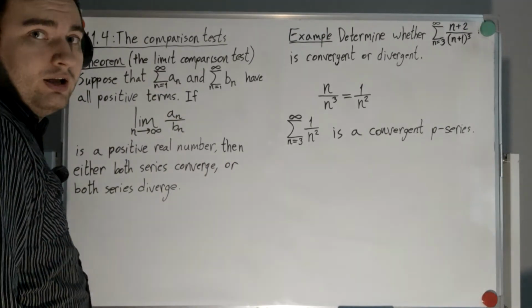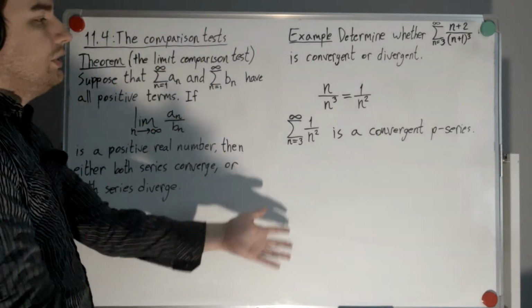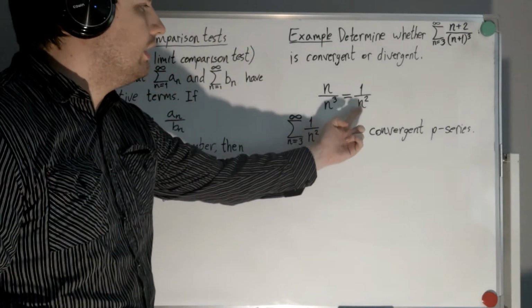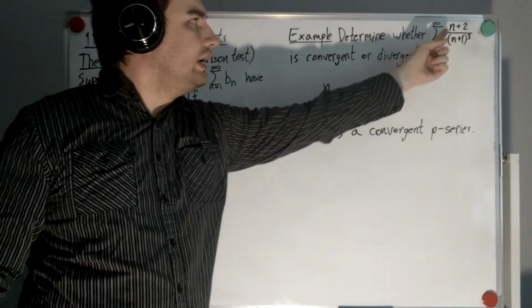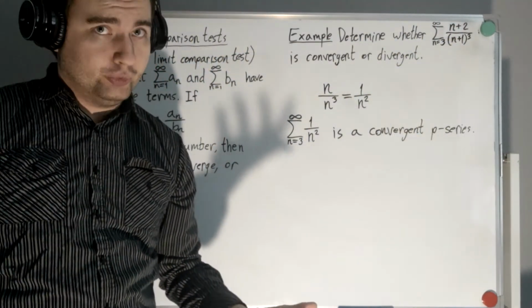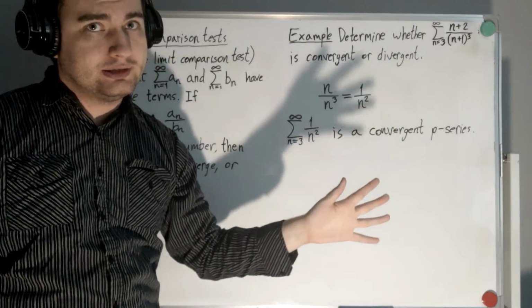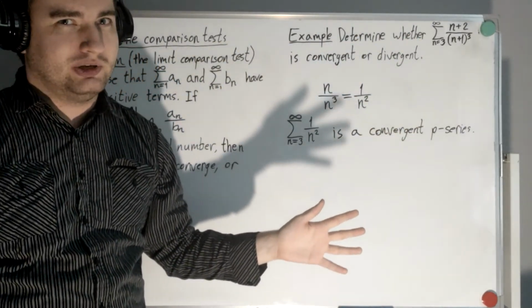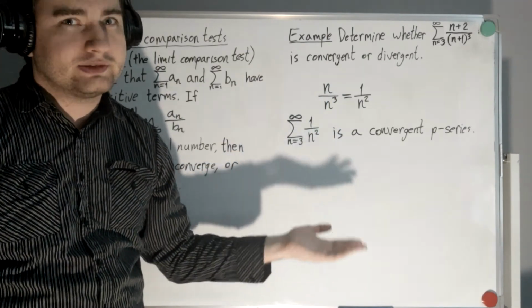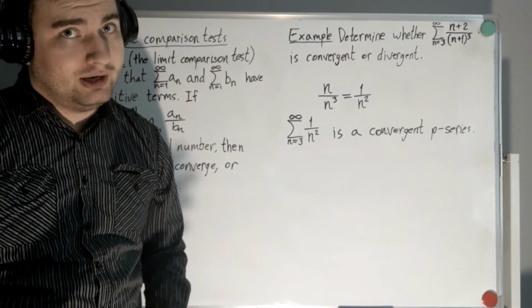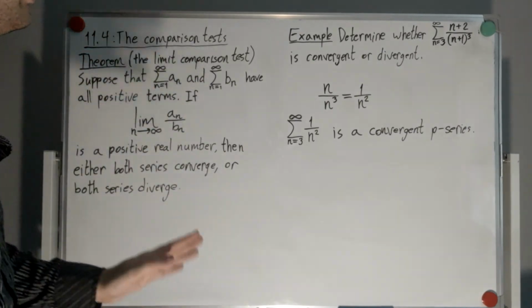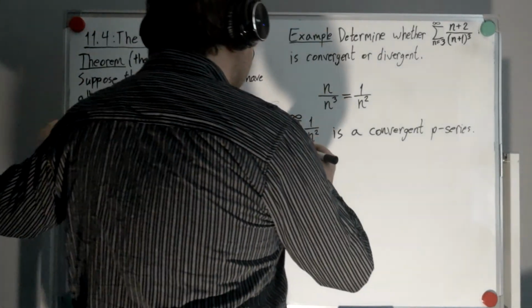And now, this is great and all, but I'm not sure how 1 over n squared would relate to n plus 2 over n plus 1 cubed. If you ask me for an inequality that relates those two things, I don't know if I could give you one, at least not very quickly, not off the top of my head. But the limit comparison test allows us to just do this.